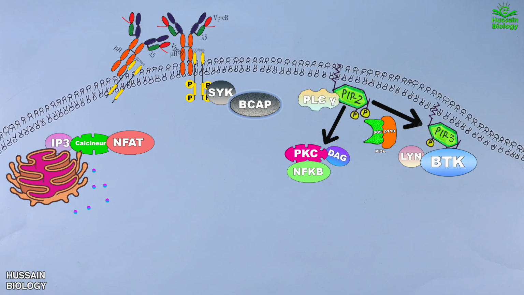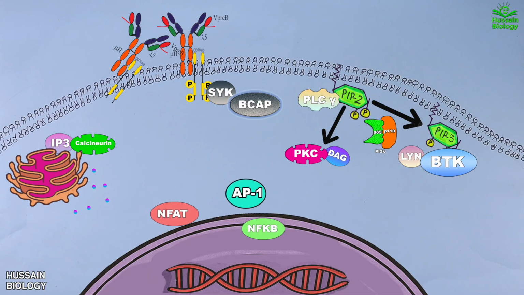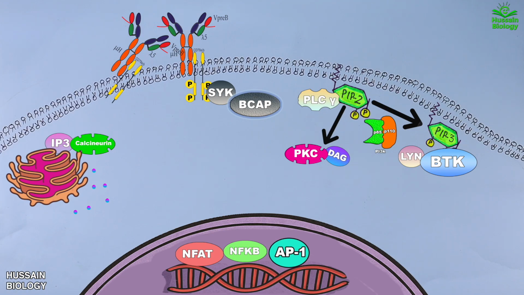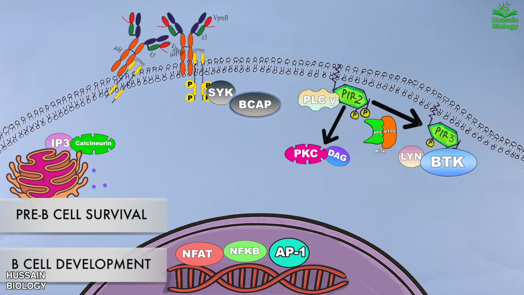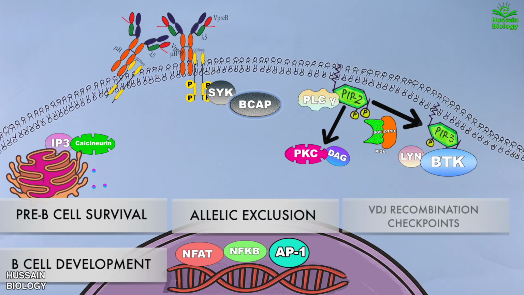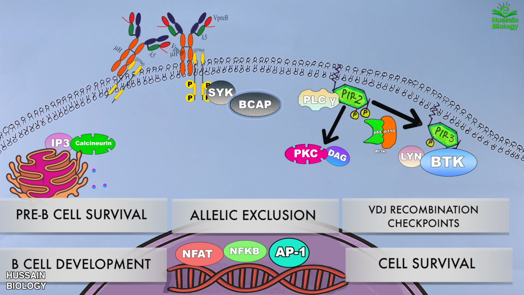Simultaneously, other branches like the RAS-MAPK pathway get triggered, resulting in AP1 activation. All these transcription factors, NFAT, NF-κB, and AP1, drive gene expression programs essential for pre-B cell survival, proliferation, and further development into immature B cells. Here we also get the regulation of several processes like allelic exclusion, VDJ recombination checkpoints, and cell survival.